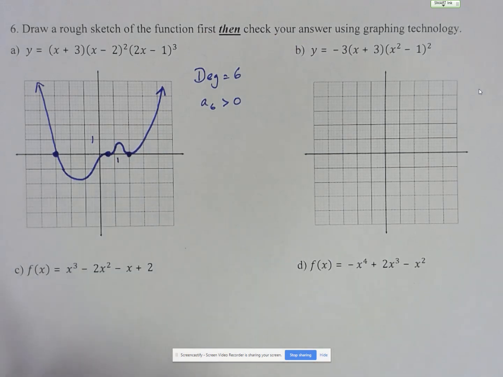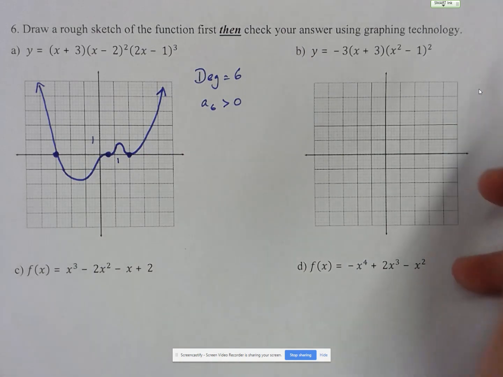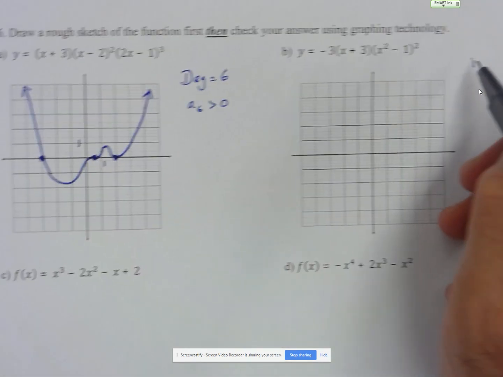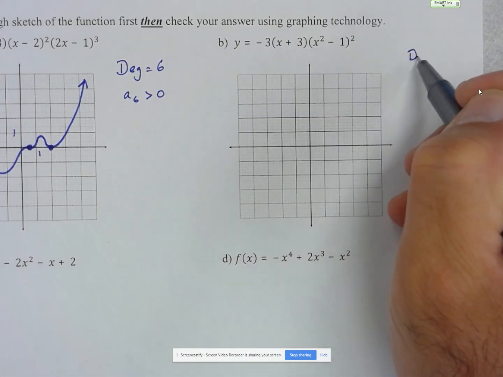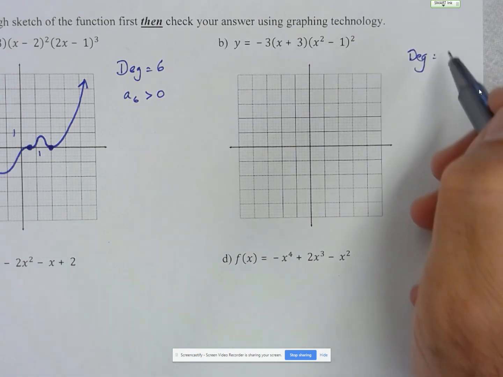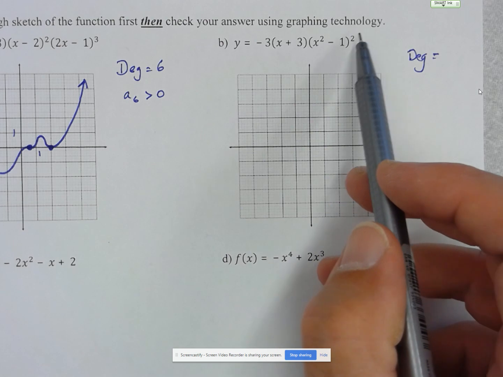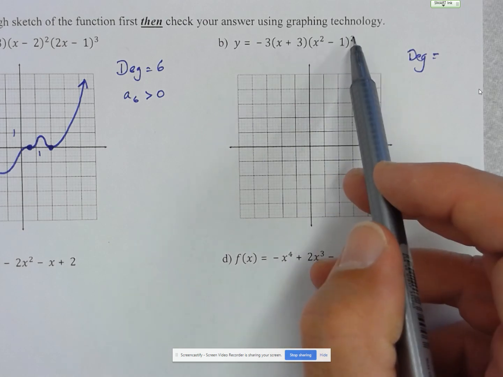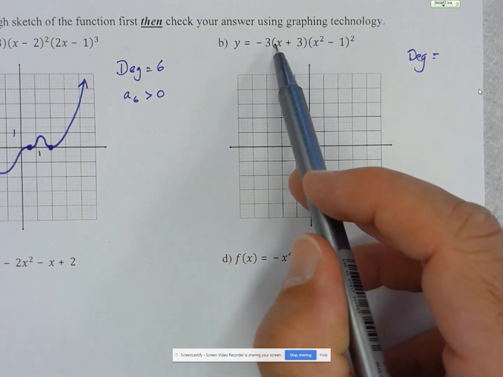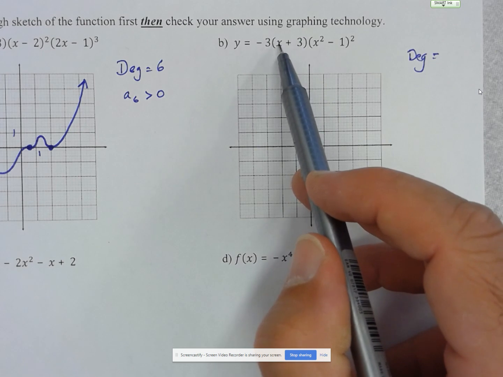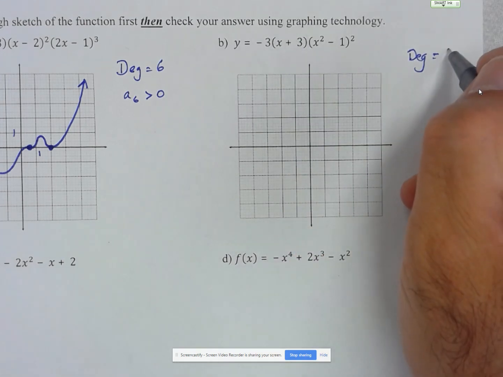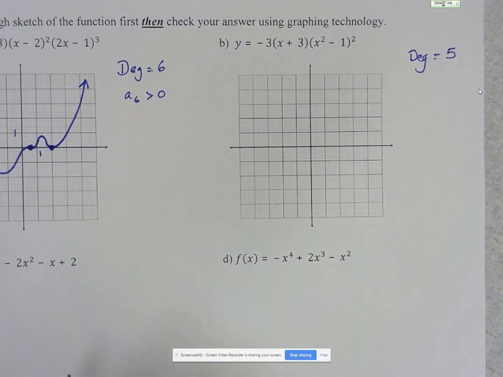All right, so let's move on to the next one here. So again, first thing I have to determine is the degree of the polynomial. Here I've got x squared, and when I square that, I'm going to have an x to the fourth. Then when I multiply it by x plus 3, the highest power is going to be an x to the fifth. So here, my degree is 5.